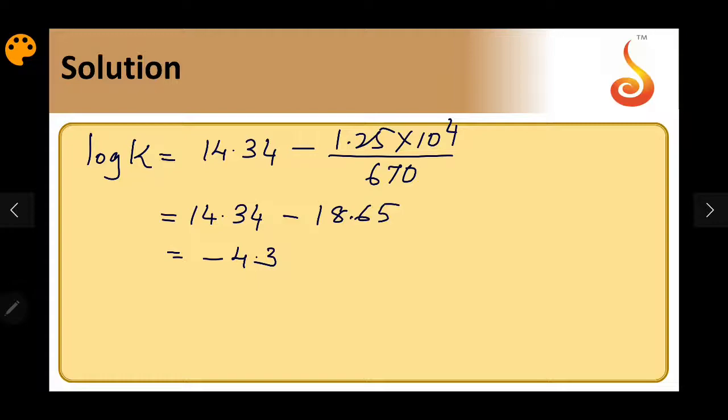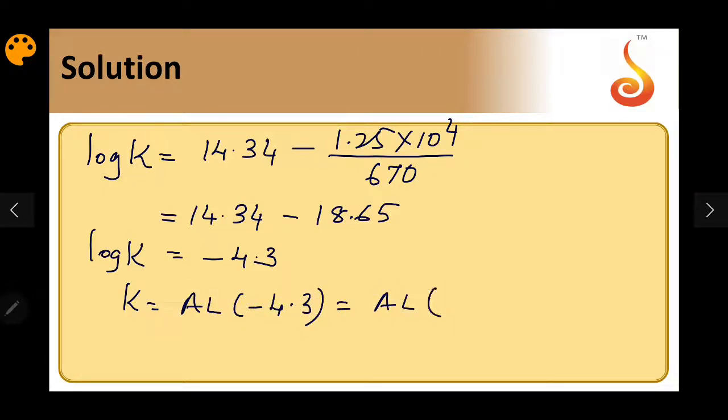So log K is equal to minus 4.3, or K is equal to anti-log of minus 4.3, or anti-log of 5 bar.7. We know that 0.6990 is log 5. So K is approximately 5 × 10^-5. This is the approximate answer.